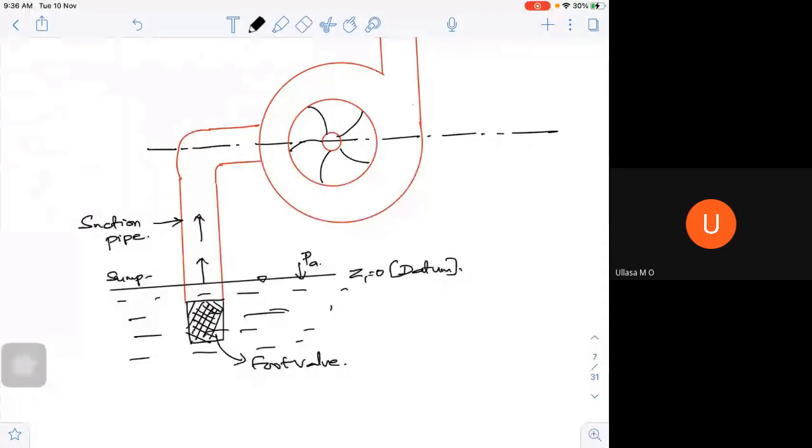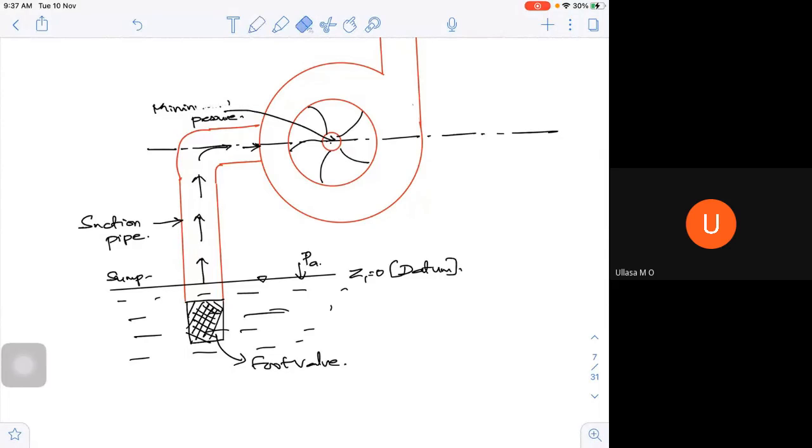Suction pipe. Then the fluid will start moving in this direction. At the eye of the impeller, this is the place where you have minimum pressure.